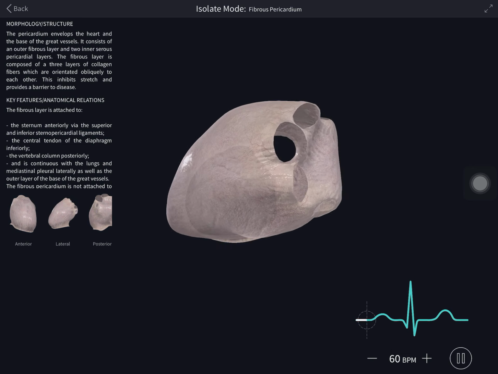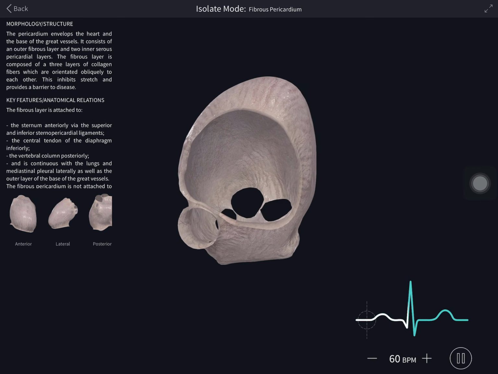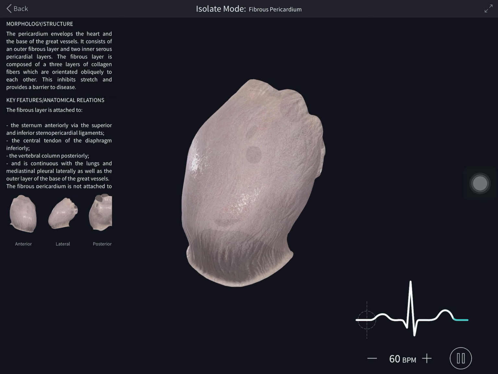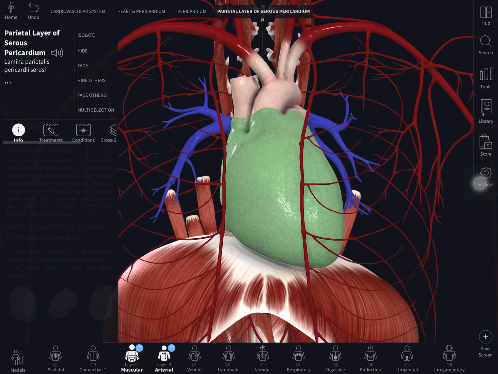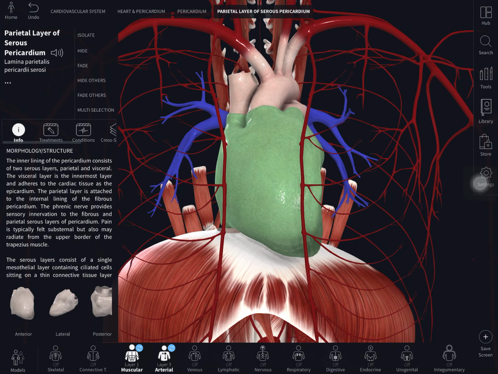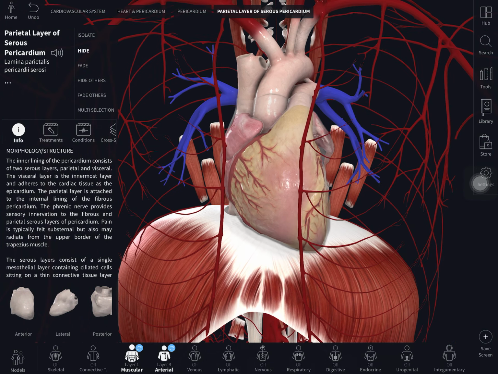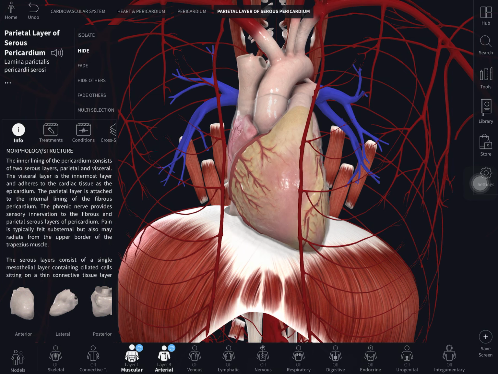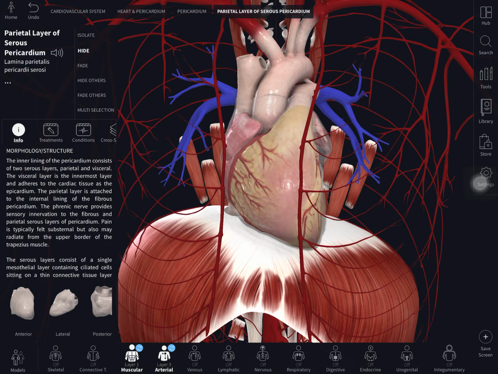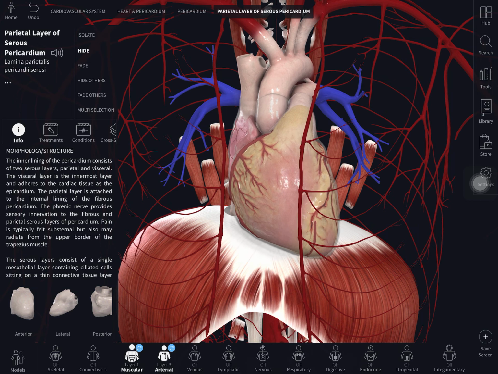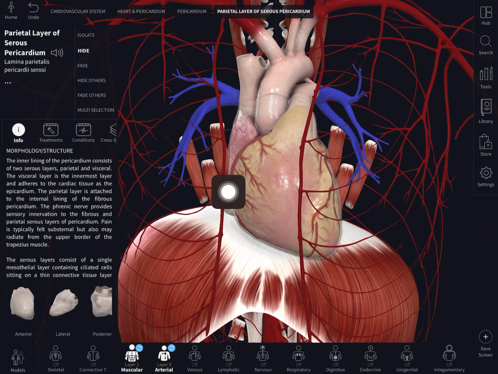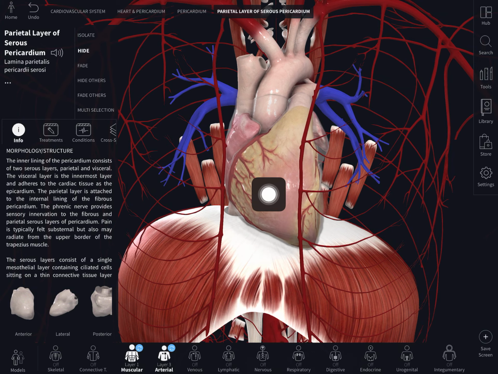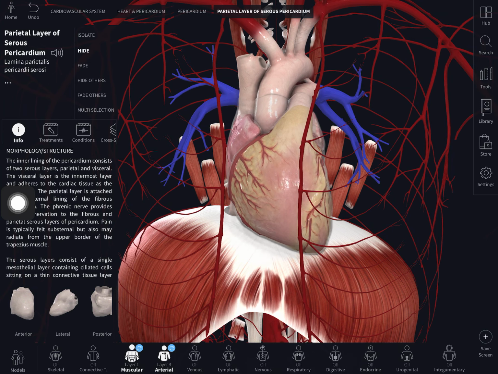You can see inside, it is covering the whole heart, and deep to that you have the visceral pericardium. So there is a space between the parietal and the visceral pericardium. We call it the pericardial space. This pericardial space contains 10 to 15 ml of pericardial fluid that is lubricating and prevents the friction between the parietal and visceral pericardium.